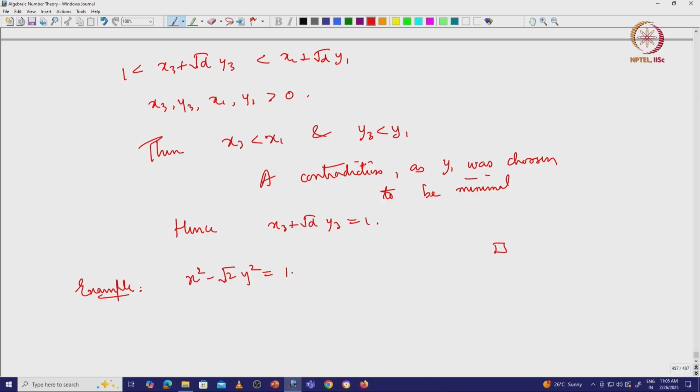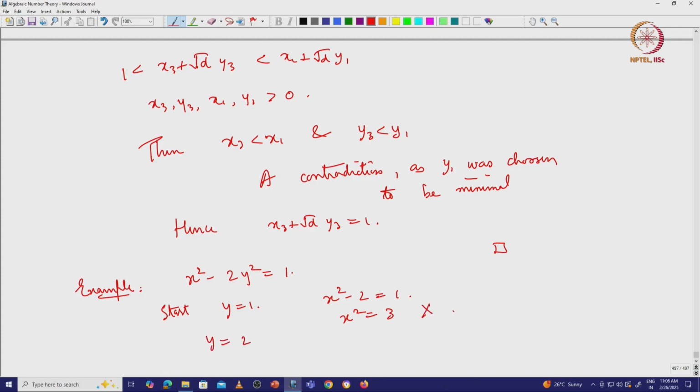So, we start with y equal to 1, and you get x squared minus 2 is equal to 1, so x squared is equal to 3, and this has no solution.